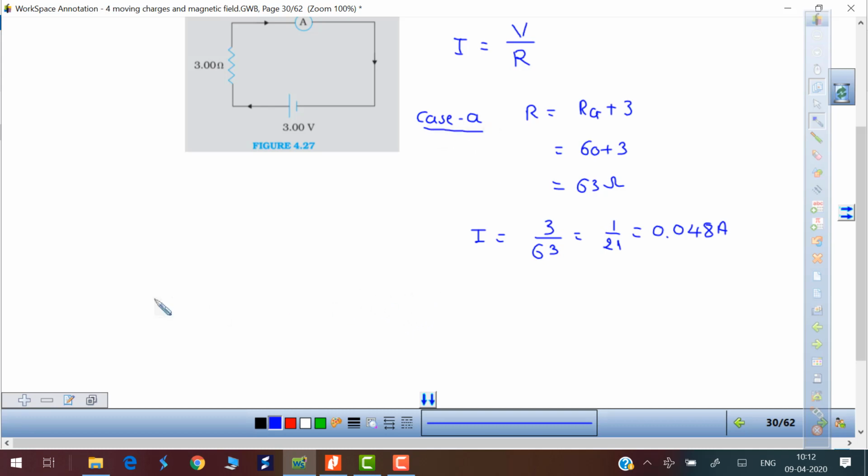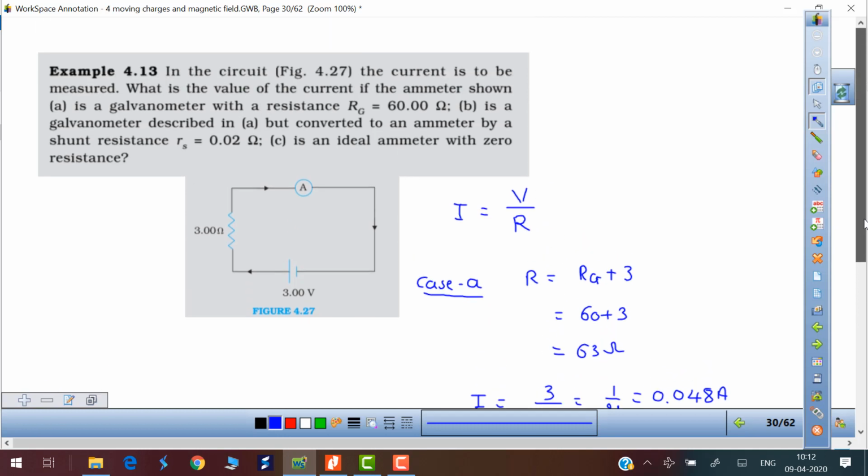In second case, what is mentioned is a galvanometer described in A but converted to ammeter by shunt of value this one.